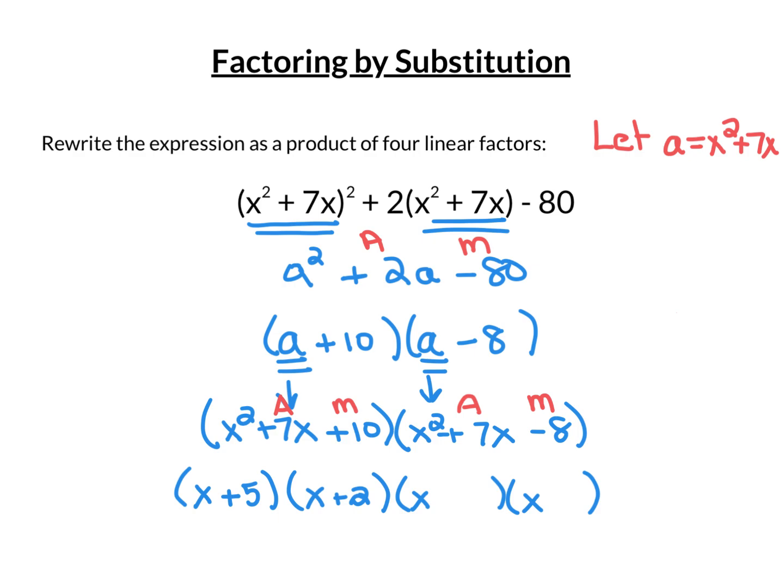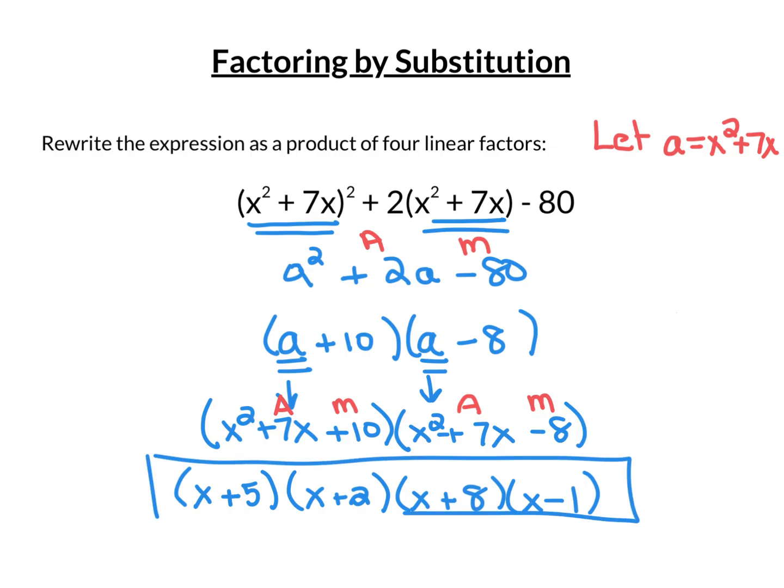So one's positive and one's negative. And the 2 numbers that multiply to negative 8 and add to positive 7 would be positive 8 and negative 1. So this is our final answer. Okay, we have 1, 2, 3, 4 linear factors.